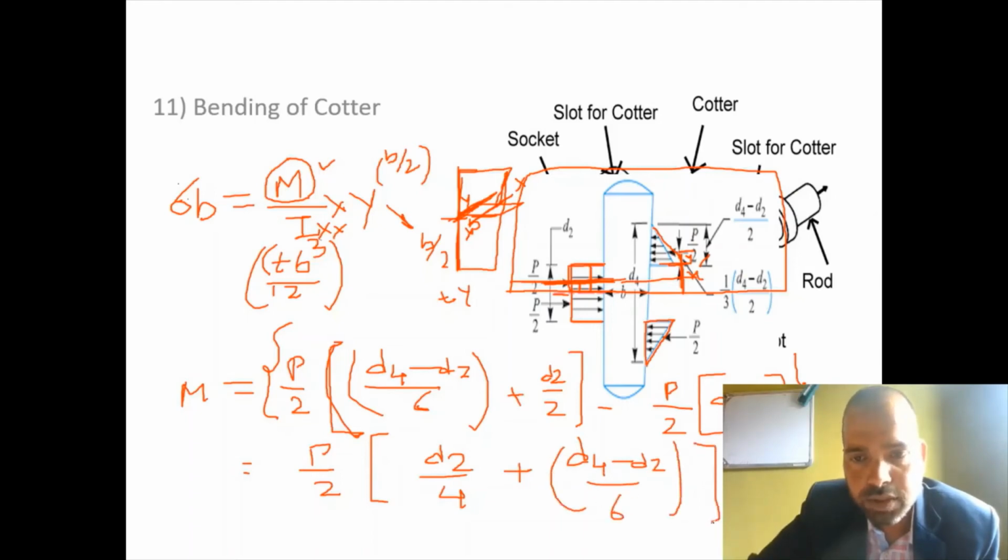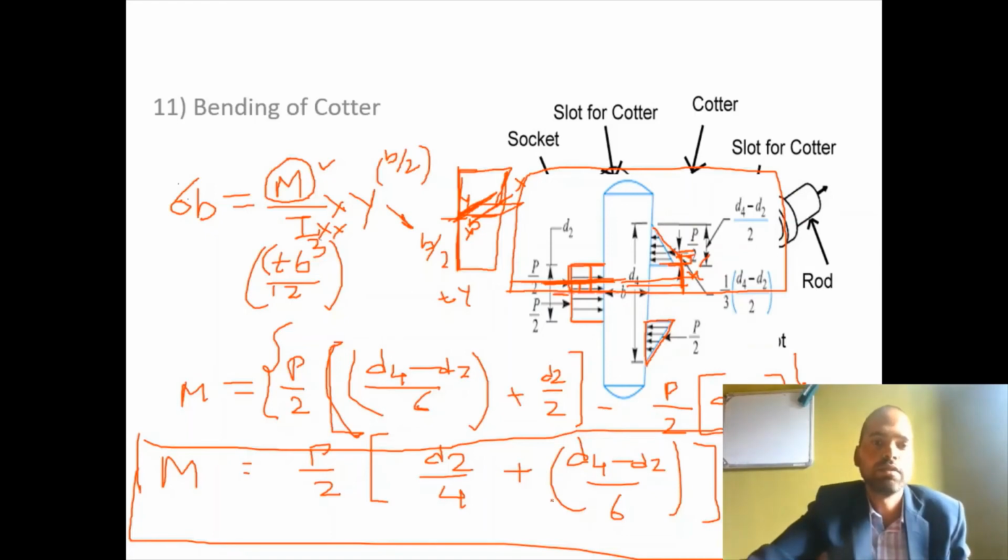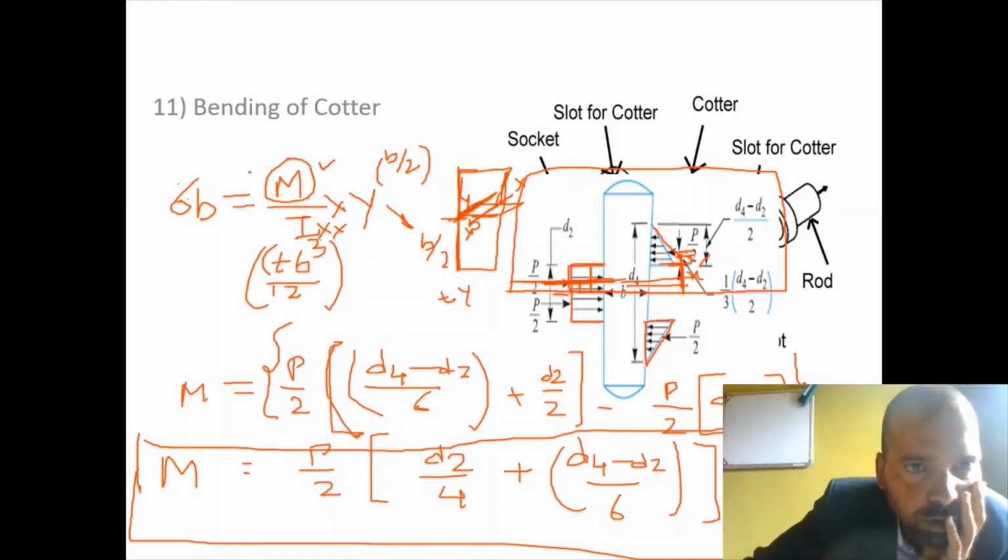This will be the maximum bending moment which applies on the quarter, for this portion. We can do the same analysis for the below portion and we will get the same equation. So maximum bending moment for the quarter will be given by this equation.